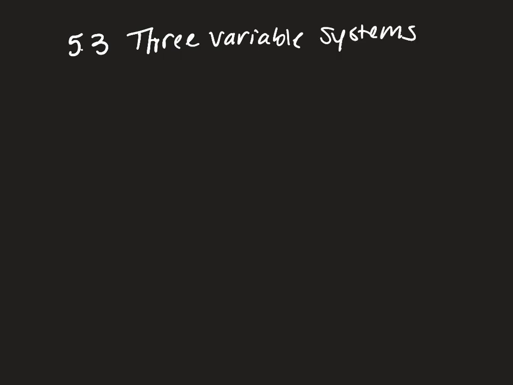5.3. Yeah, so 5.3 is 3 variable systems with elimination. Is there such a thing as 4 variables?